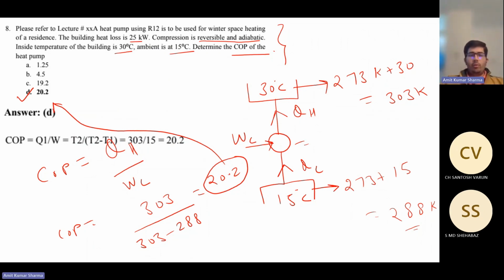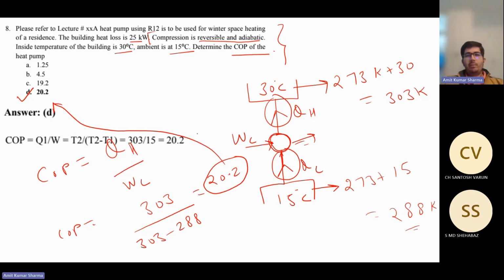I think you want to say that the compressor is reversible, fine, but what about the heat transfer? Yes. I think they should mention that the complete process should be reversible. But normally, if they mention that compression is reversible and adiabatic, they are considering both the input to the compression and the output from the compression also.